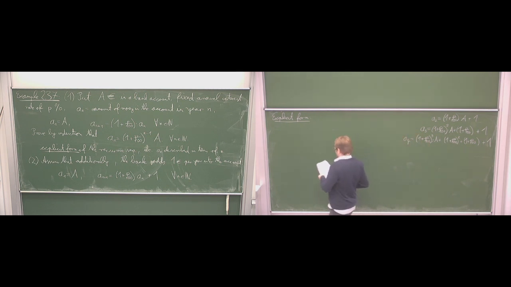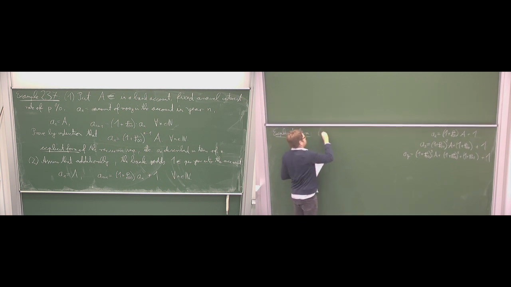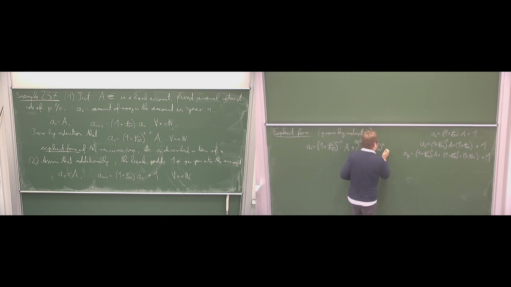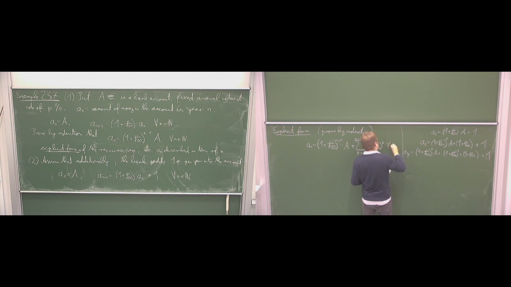And if we want an explicit form for this, you can again show by induction, which is not that hard in this case, that an is 1 plus p over 100 to the power of n minus 1 times a, plus the sum from k equal to 0 to n minus 2 of 1 plus p over 100 to the power of k, but this time we have to start at n bigger than or equal to 2.